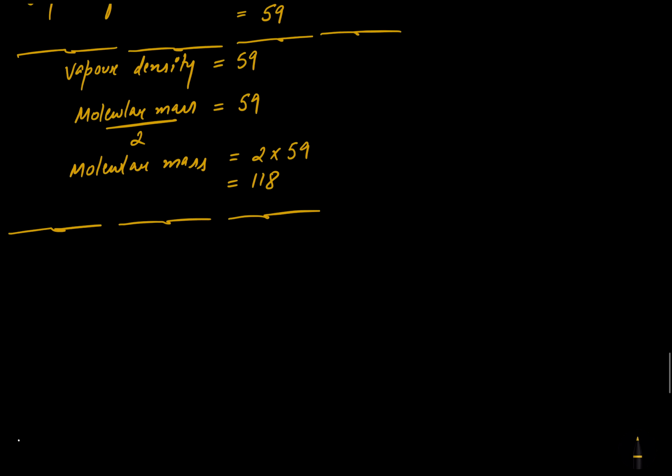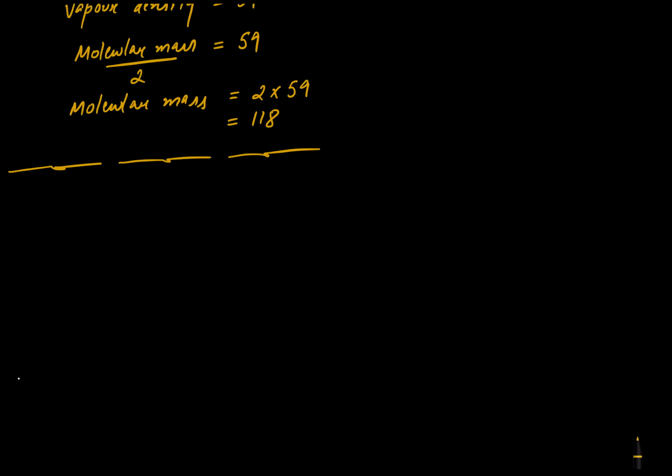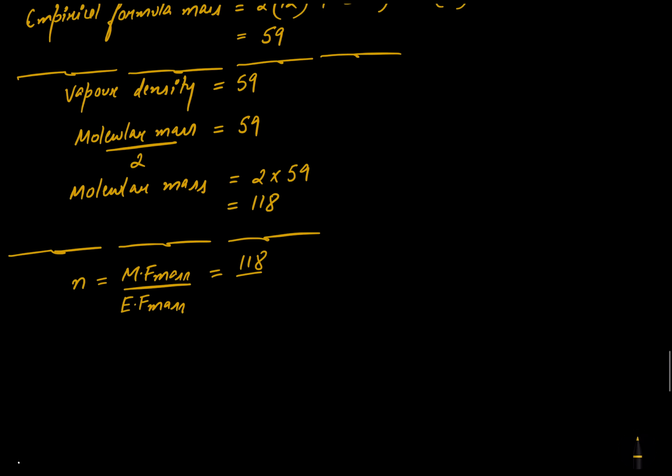So now again let's calculate n. My small n comes out to be molecular formula mass divided by empirical formula mass. What's my molecular formula mass? I got it to be 118. And what was my empirical formula mass?